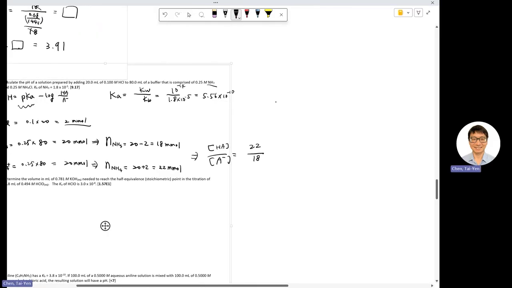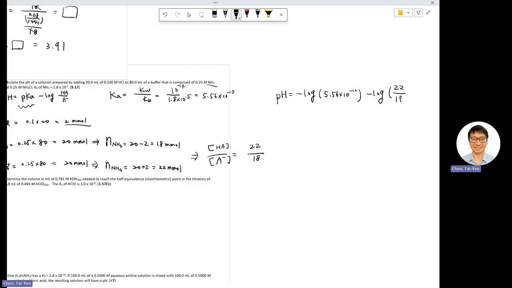With this, you can write pH equals pKa, which is negative log of 5.56 times 10 to the negative 10, plus log of acid over base, which is 22 over 18. By doing this calculation, you're going to get a final value, pH equals 9.17.